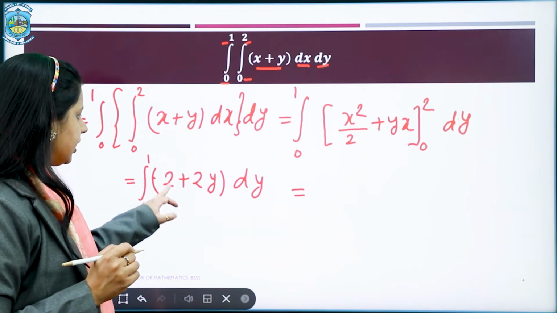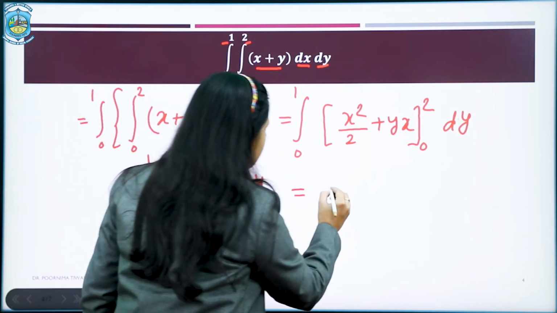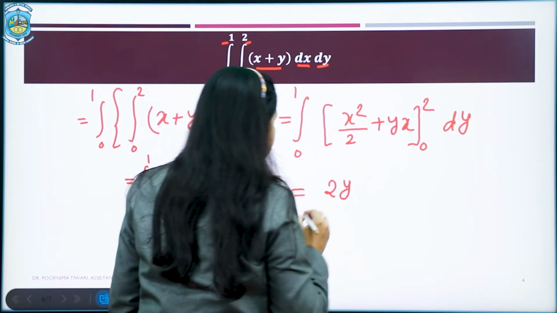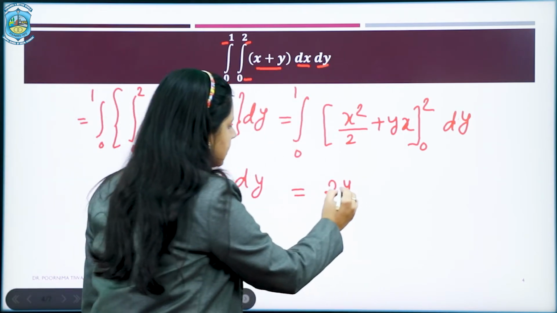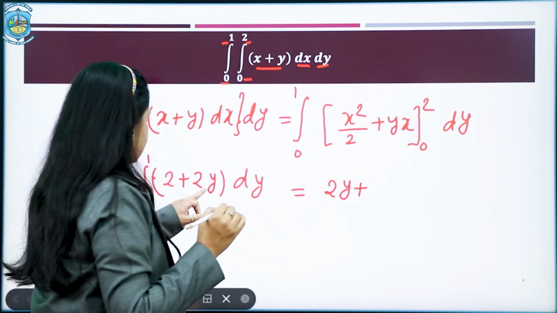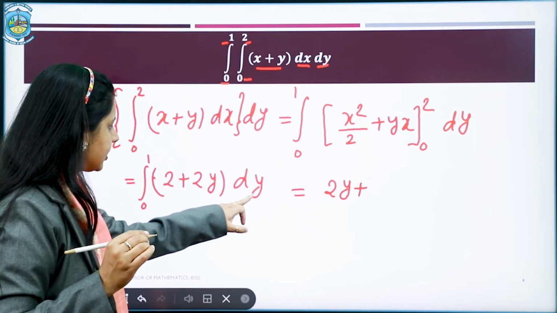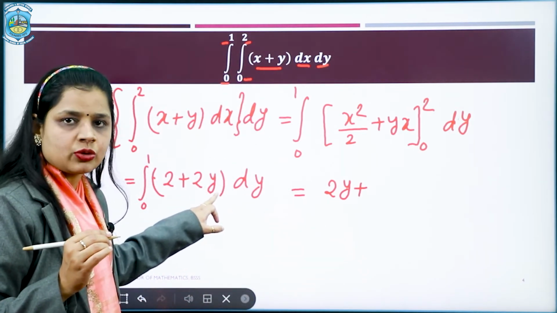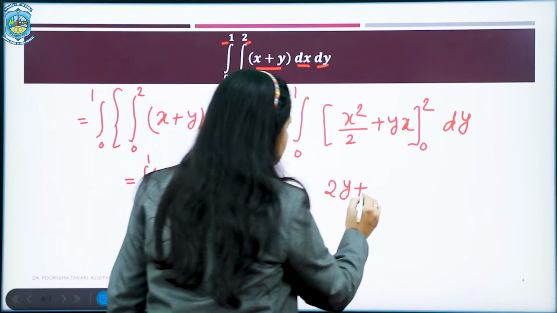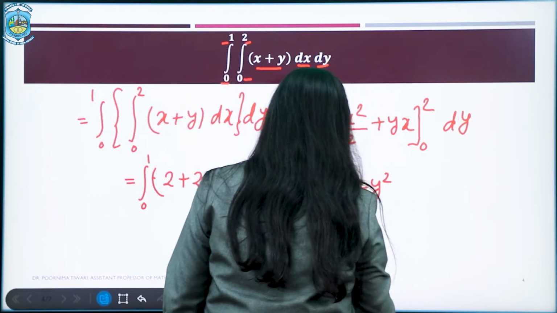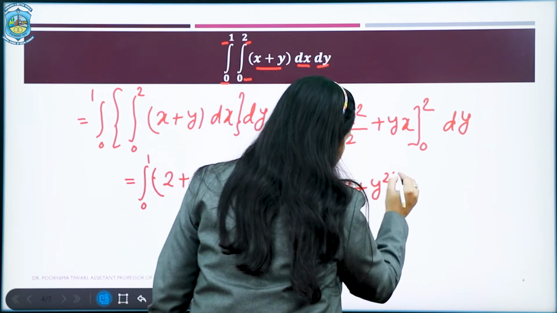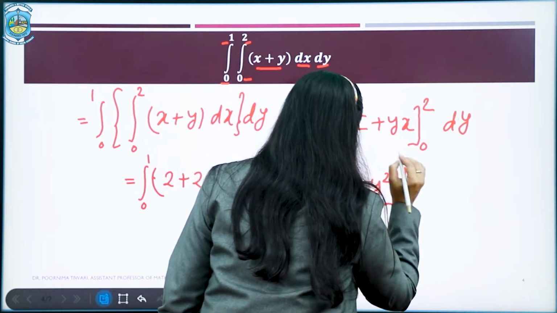When we integrate 2 with respect to y, we get 2y, plus, when we integrate 2y with respect to y, we get y square. The limits of integration are 0 to 1.